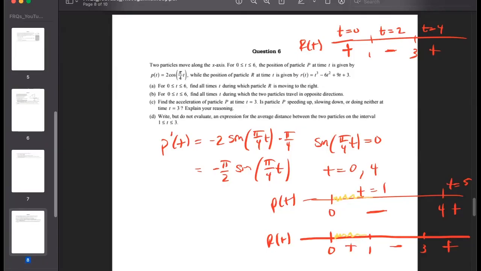One is moving to the left, the other one's moving to the right. In between 1 and 3, it looks like they're both negative, so that's fine. And then from 3 to 4, it looks like one is negative, one is positive. So that means that they are moving in opposite directions from 0 to 1, and then from 3 to 4.